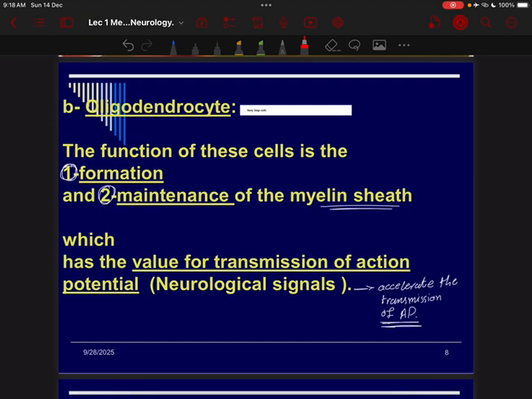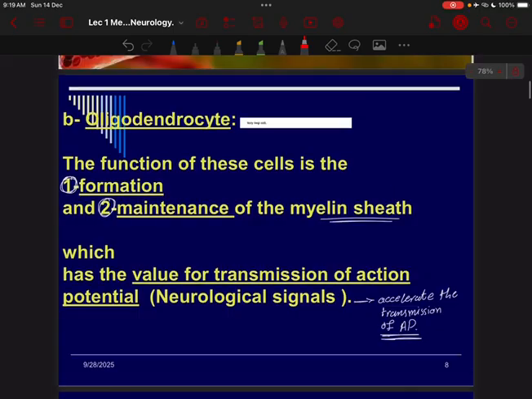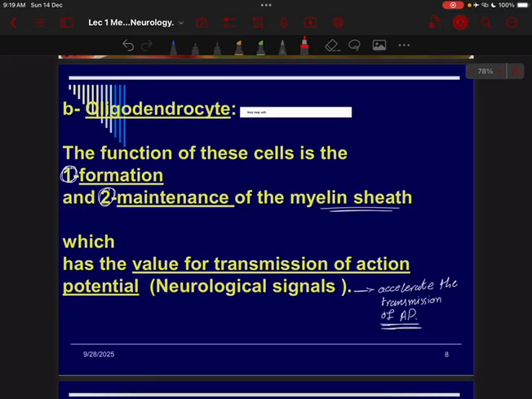So the axon will be exposed, and the transmission of the neurological signals will be delayed. Once the transmission is delayed, the total functions of the nervous system will be delayed and disordered. So this is the oligodendrocyte.